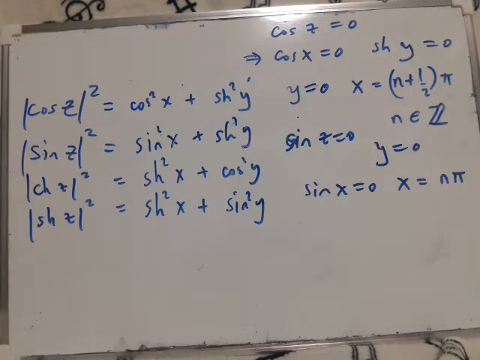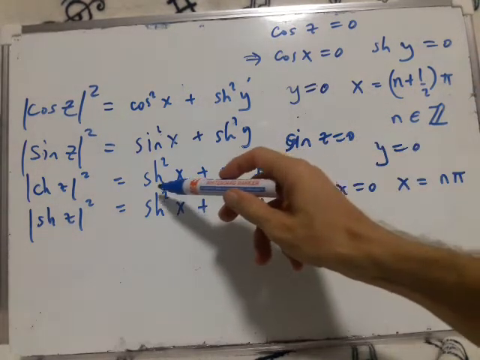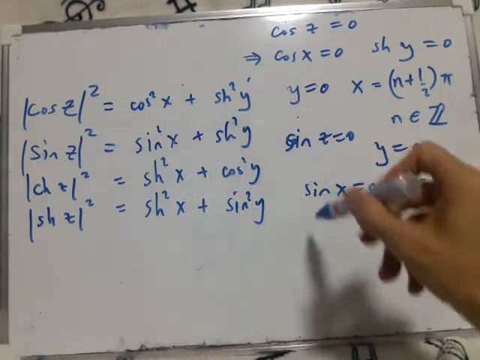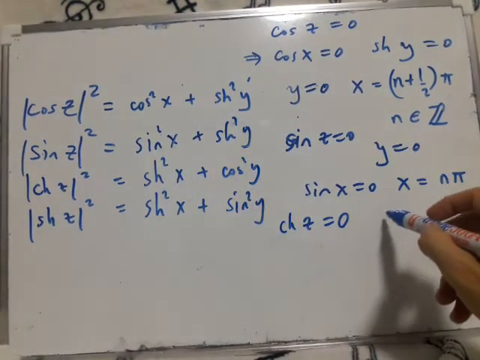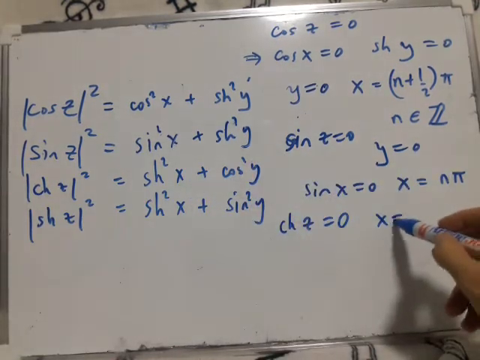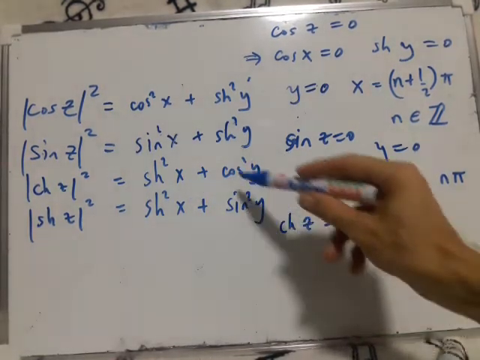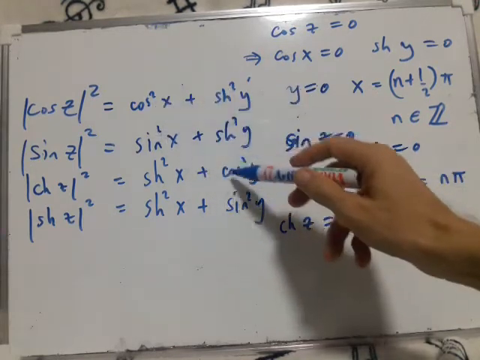Now for cosh, well, here we must have x equals 0. So if we look for solutions of cosh z equals 0, we know that x has to be 0. And really it's just the reverse of what happened with cos.